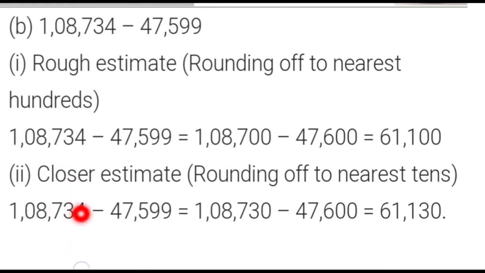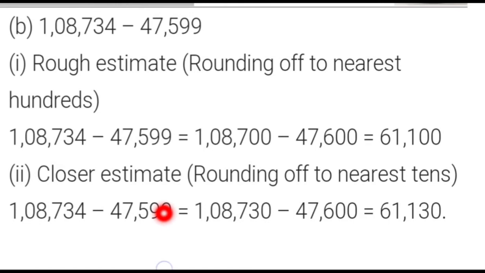34 lie between 30 and 40, and it is very close to 30, so we are going to write 1,08,730. Now 47,500 will be written as it is, as we are rounding it off to 99. 99 lie between 90 and 100. It is very close to 100.